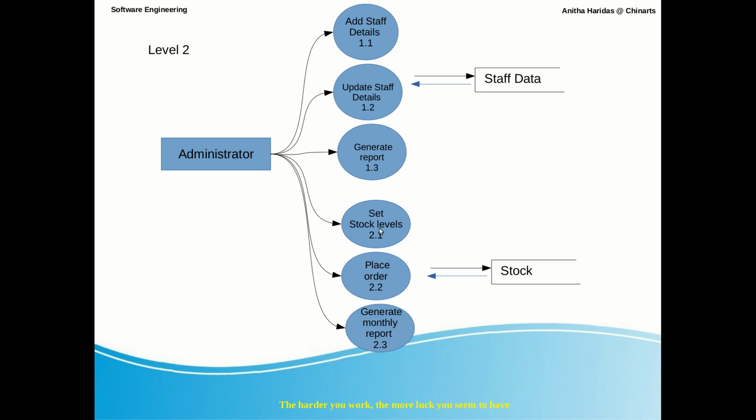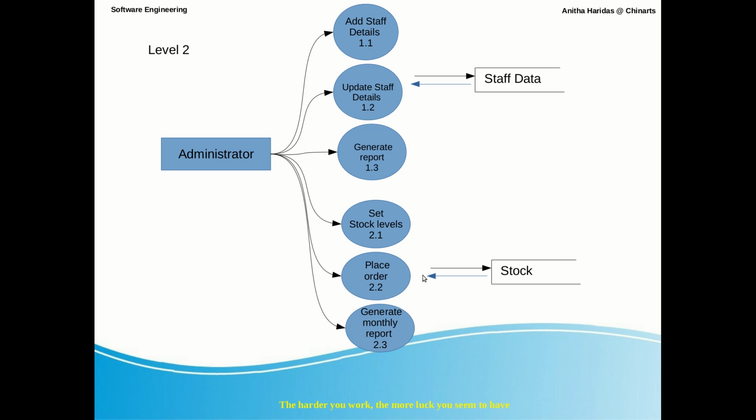You can set the stock levels in 2.1, placing the order and generating the report. Now all these 3 processes will be retrieving the data in staff data store, and all these 3 processes will be retrieving the data in the stock data store.